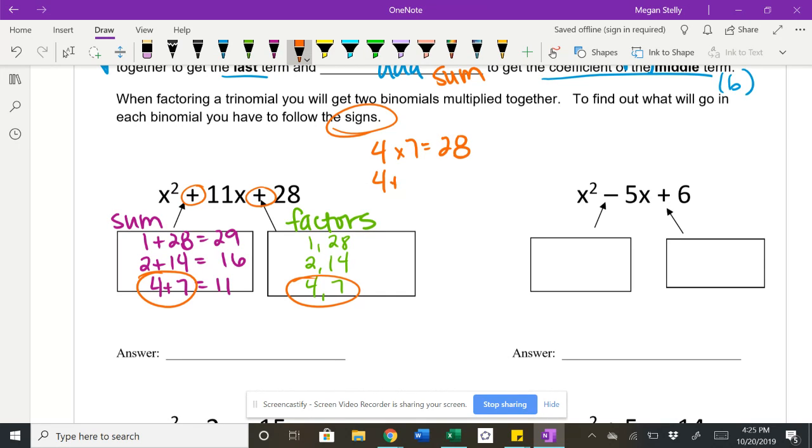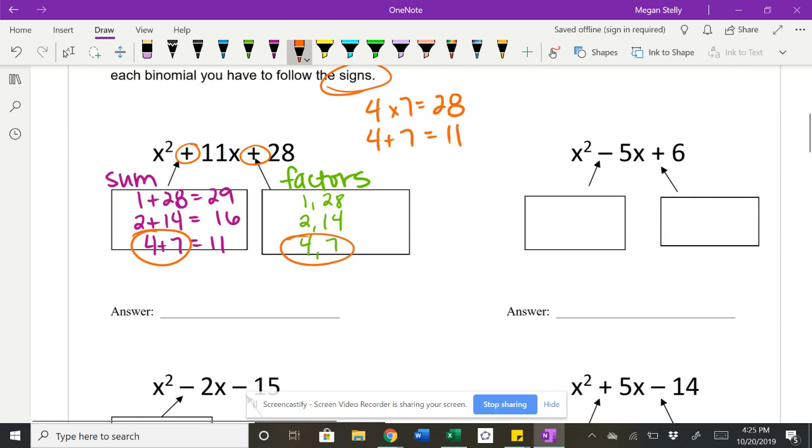And they add, 4 plus 7 is 11. So we're going to write our answer as two binomials, x plus 4, x plus 7. Again, my signs are positive in my trinomial, so they are going to be positive in my binomials.